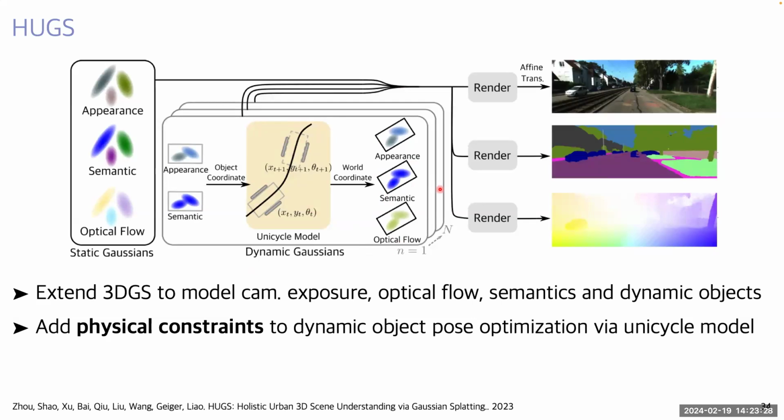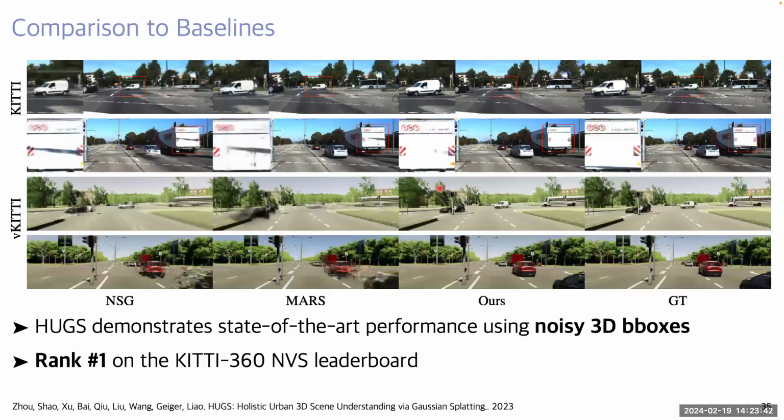But adding a very simple physical constraint, that the car should move following a unicycle model, which should be a more advanced model, but we found that the unicycle model already works quite well. With this method, we demonstrate state-of-the-art performance using noisy 3D bounding boxes as input.